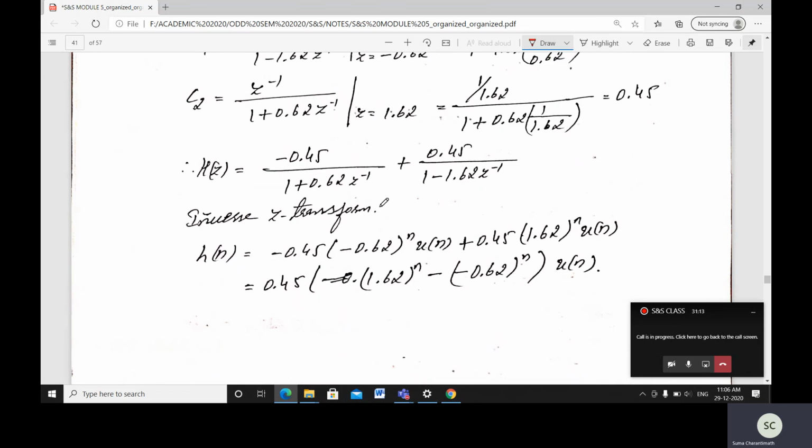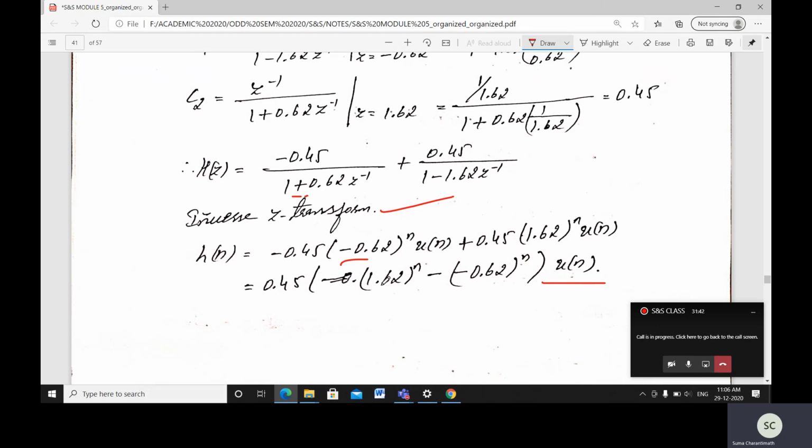Then taking the inverse Z transform, we get minus 0.45, the constant value as it is, times minus 0.62 to the power n u(n), plus 0.45 times 1.62 to the power n u(n). Then u(n) is taken common, and 0.45 is also taken common.